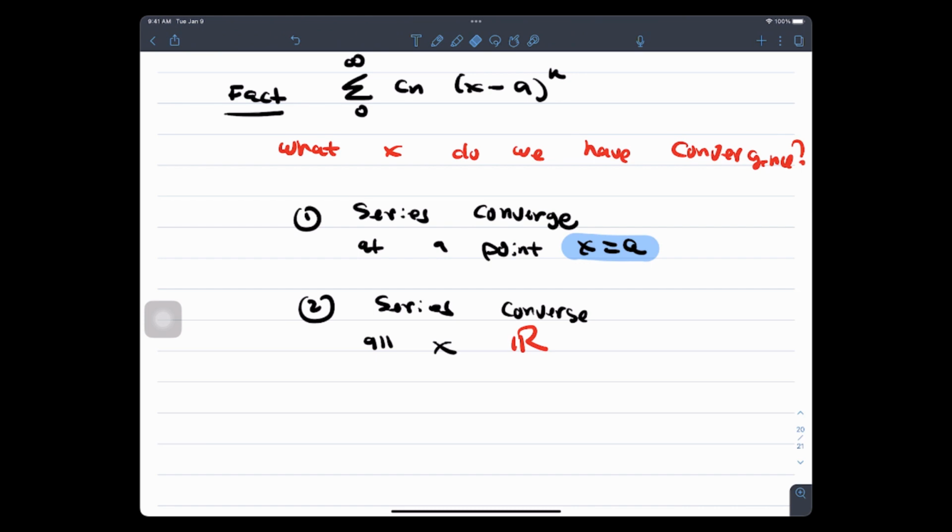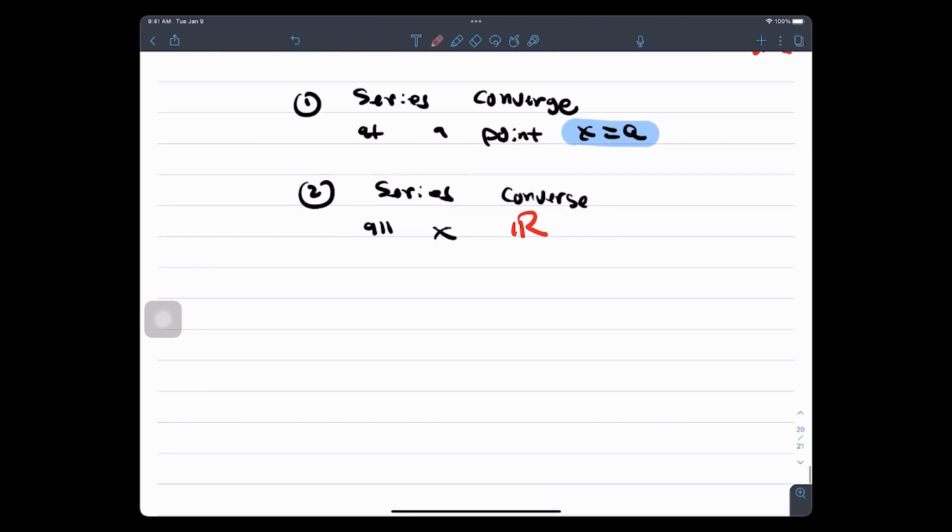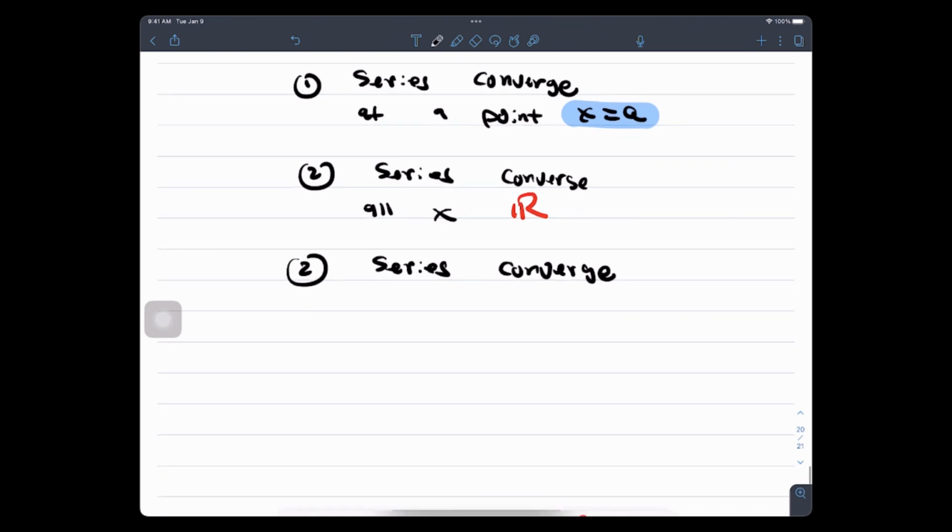So this is what we're going to see. We had 3 possibilities. The third possibility, the series will converge in an interval. Now, we've seen this. I'll say an interval I.